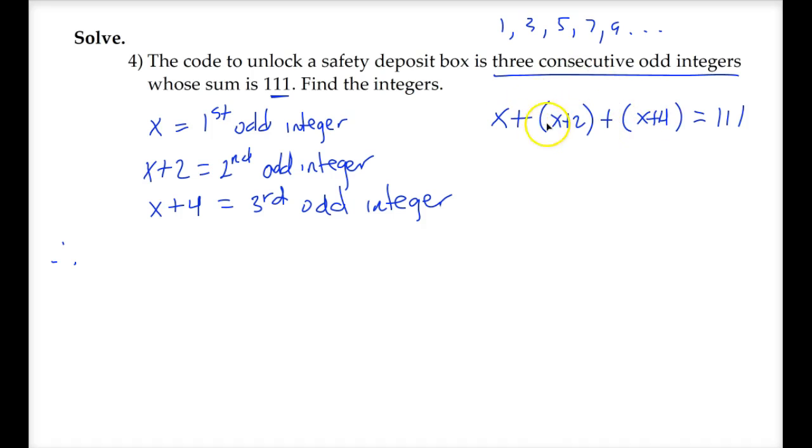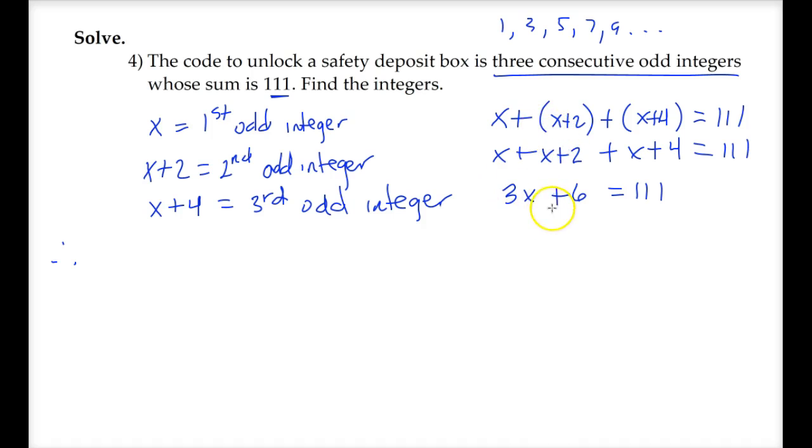And since we just have addition here, we can go ahead and drop the parentheses. And then from there, it's just a matter of combining like terms. So we put letters with letters, numbers with numbers. We have 1, 2, 3 x's being added to each other, so that will give us 3x. And of course, 2 plus 4 will give us 6. And that will end up being equal to 111.